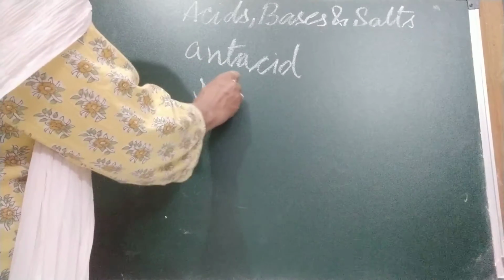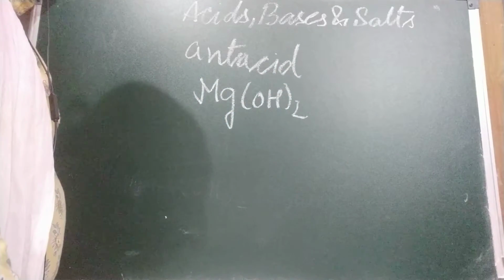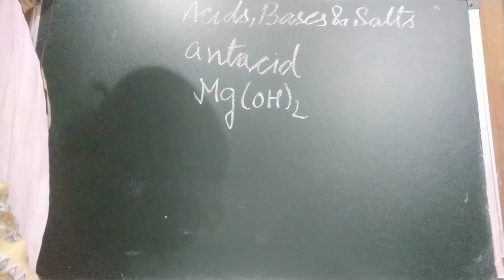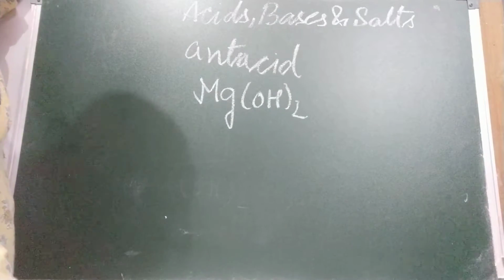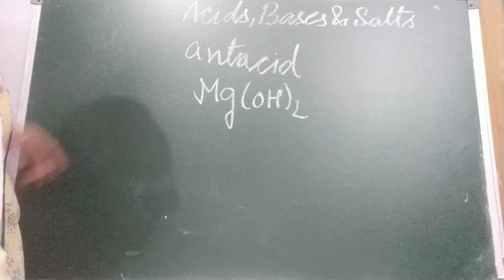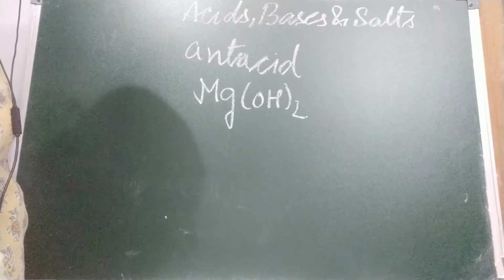So we take magnesium hydroxide or antacid, which we also call Gelusil, or milk of magnesia. This is a base, it neutralizes the action of acid.